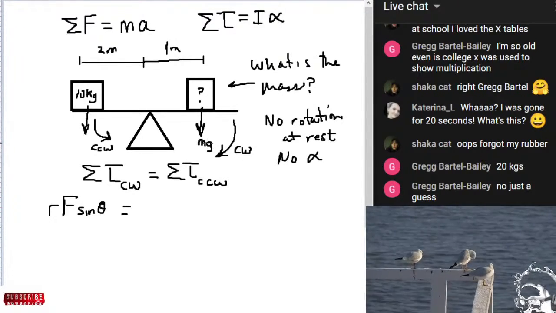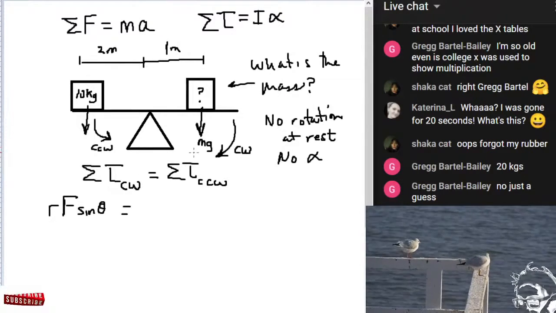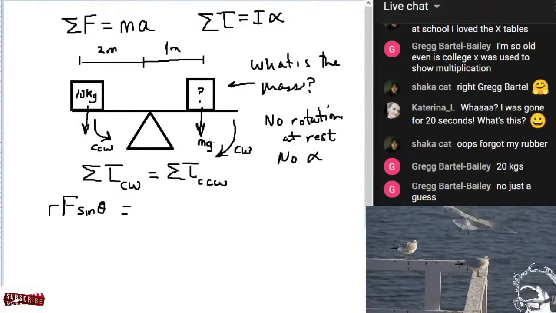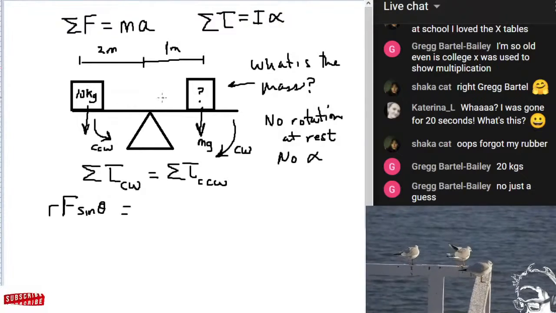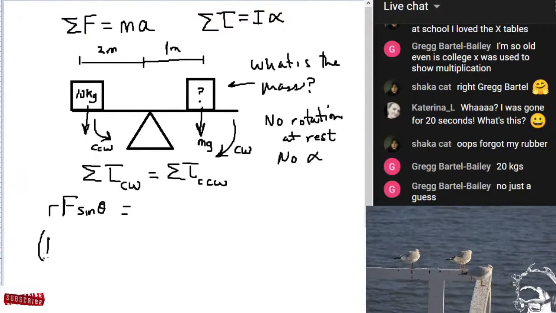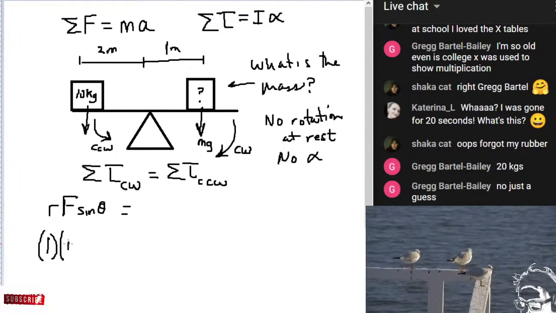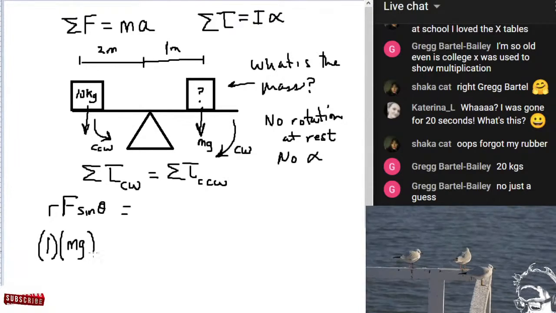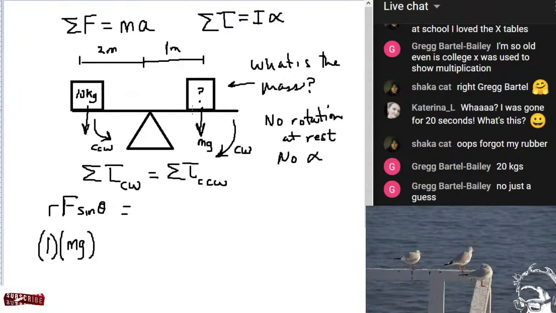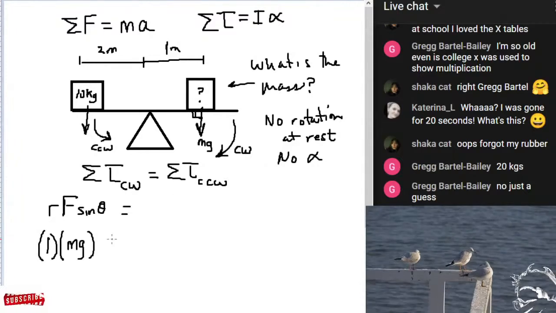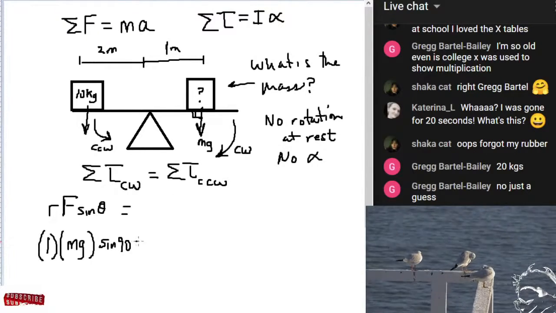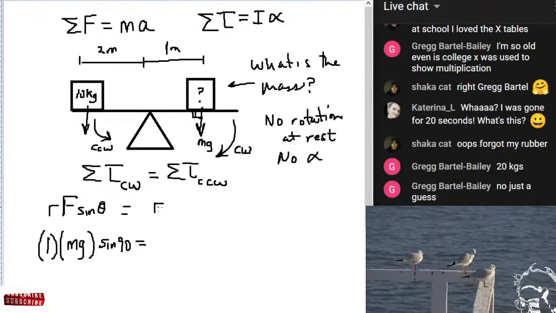Let's do the clockwise side first. So r is what? It's 1. F is what? We don't know, it's mg. The sine of the angle between them is 90 degrees. So we do the same thing for the other side.